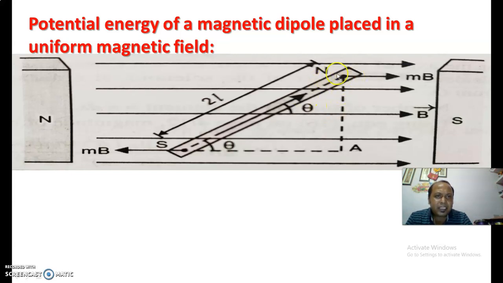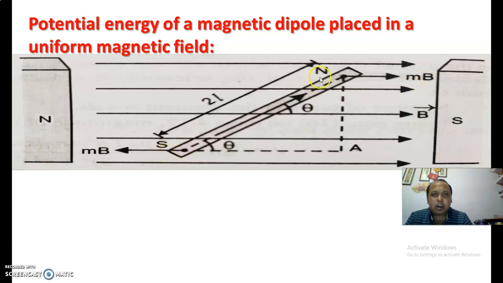Now here in the magnetic field B, the magnetic poles will experience a force mB, where m is the pole strength, given by small m, and B is the magnetic field. So the situation is quite analogous to the case of the electric field. In the electric field, the value of force is given by qE. In the magnetic field, the value of the force acting on the poles is given by mB. m is the pole strength, B is the magnetic field.